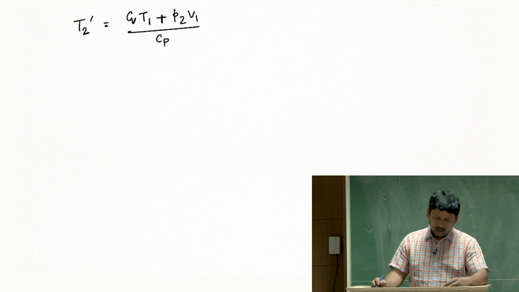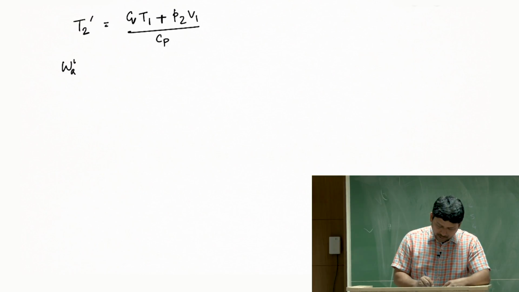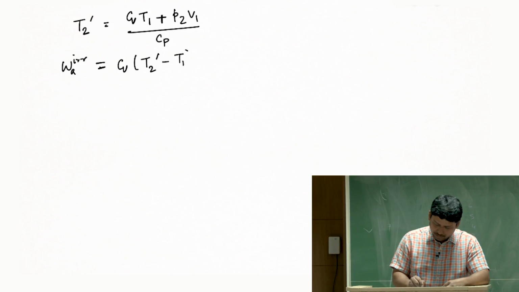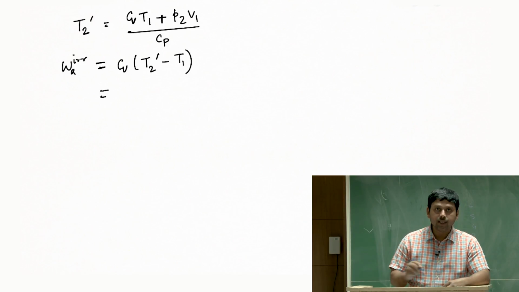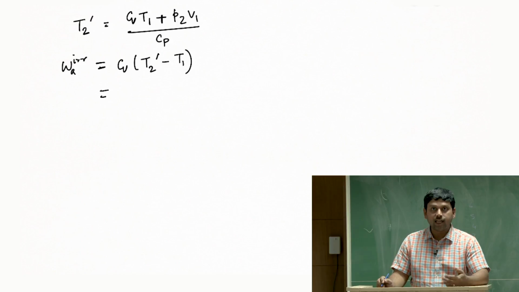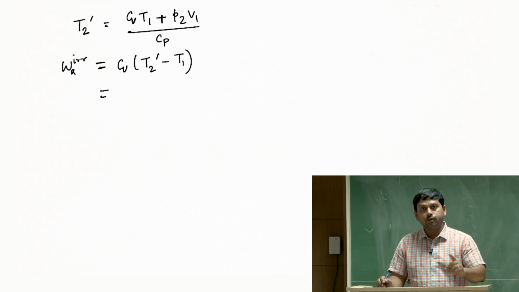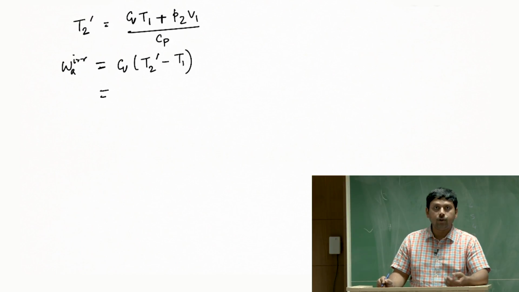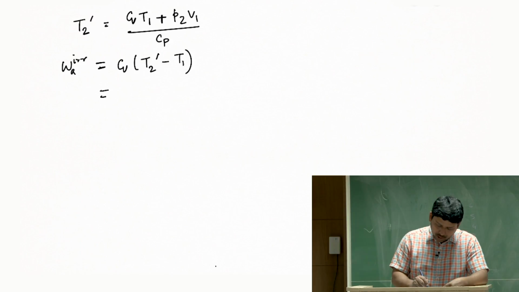Now, let us calculate the work done. The adiabatic irreversible work will be Cv (T2 prime minus T1), which is the same form as for the reversible adiabatic process as well, but in the reversible case the final temperature itself will be different when the pressures are the same between reversible and irreversible processes. So, let us do that then.